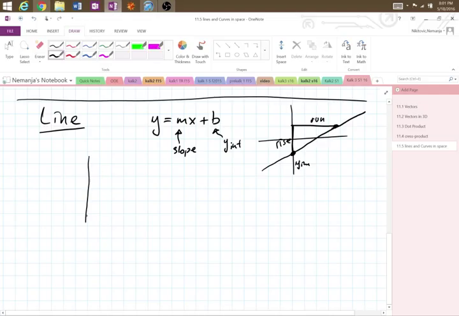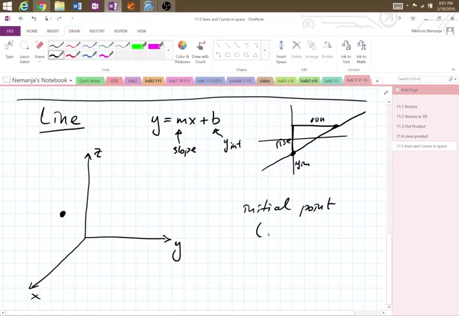We have our three-dimensional x, y, z coordinate system. And we are going to pick a point somewhere, and that initial point is going to have coordinates x0, y0, z0. It can be anywhere.